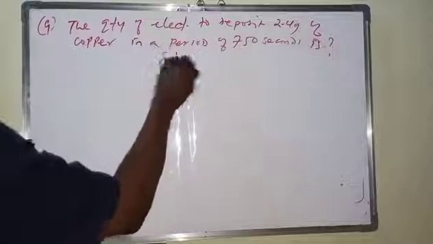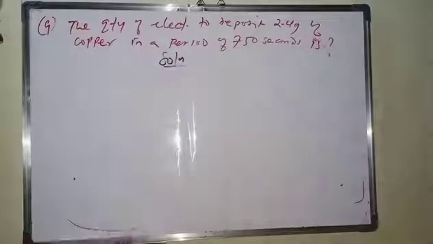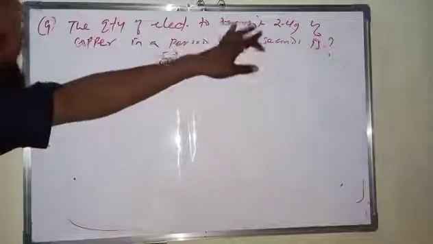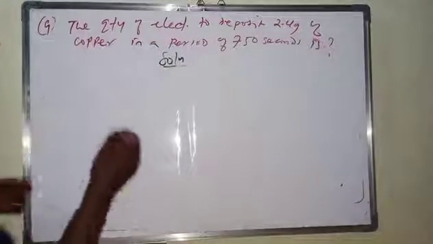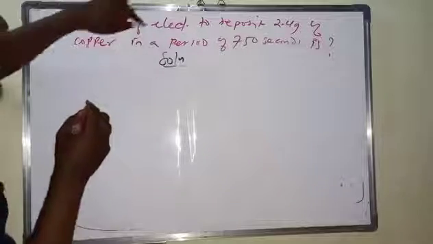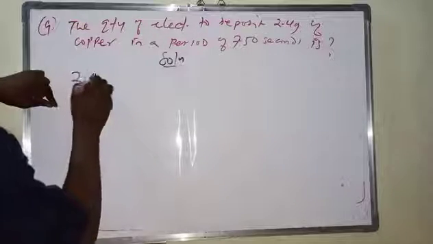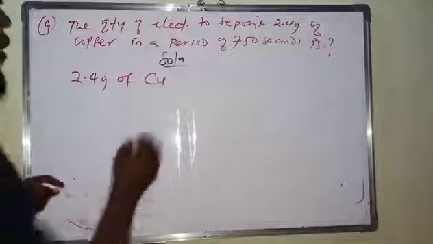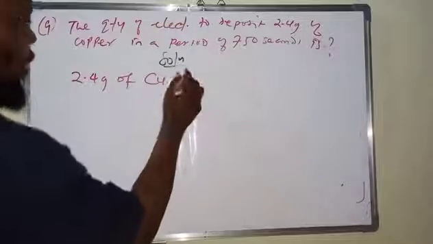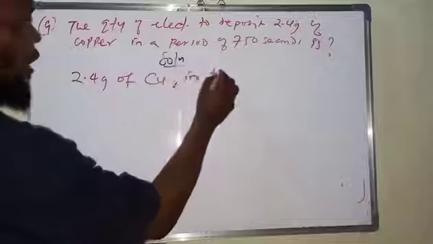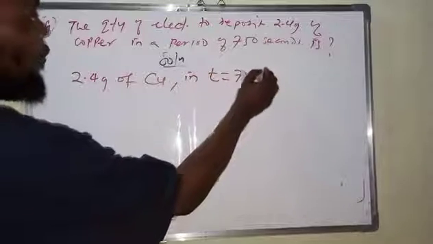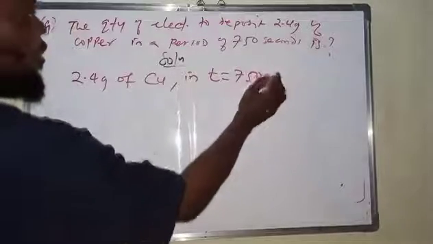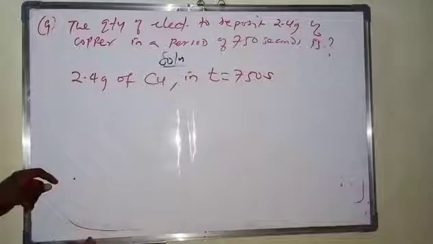So the solution, like what you already understood here, is to determine the quantity of electricity to deposit 2.4 gram of copper, that is Cu, in a time of 750 seconds, S. Understand?